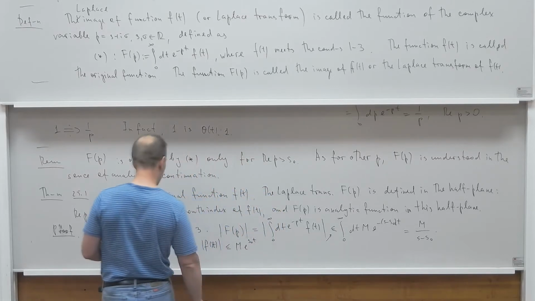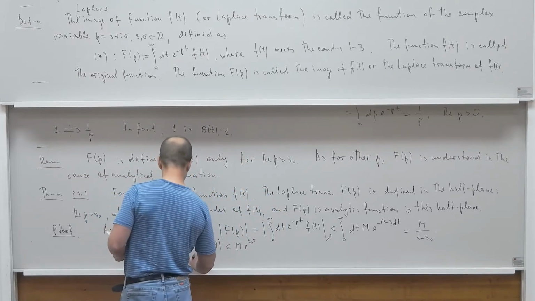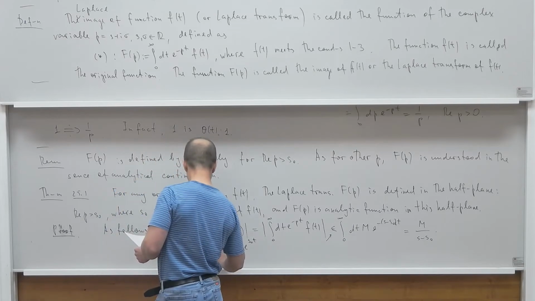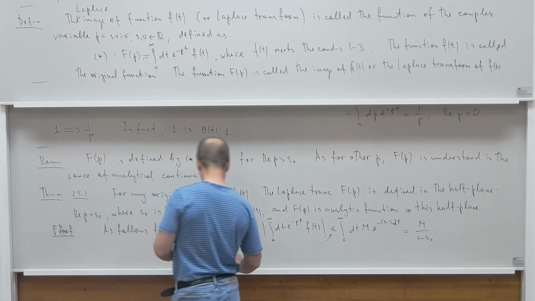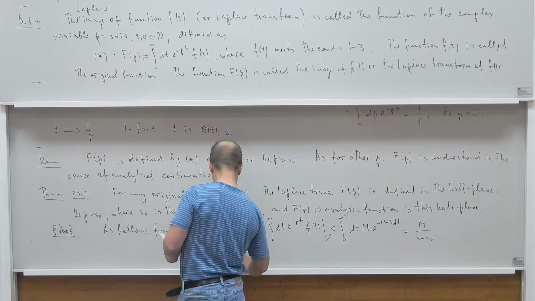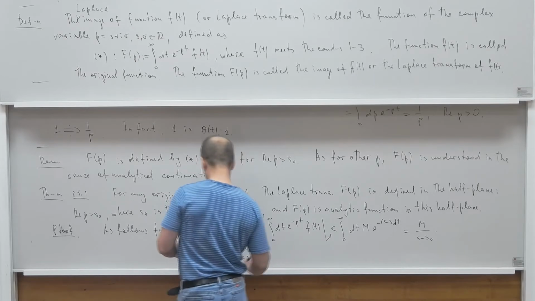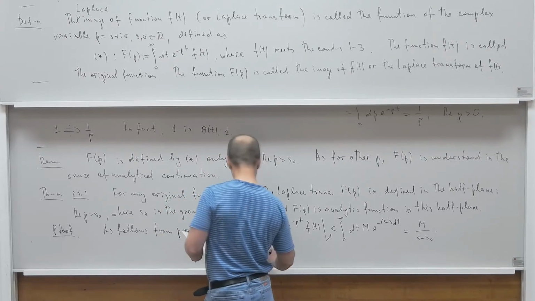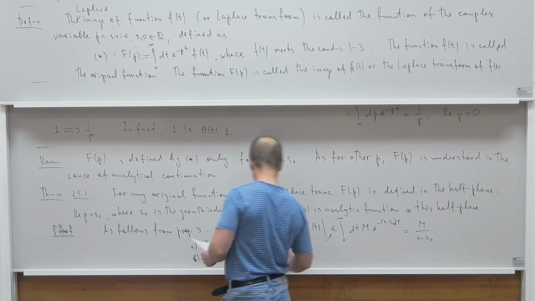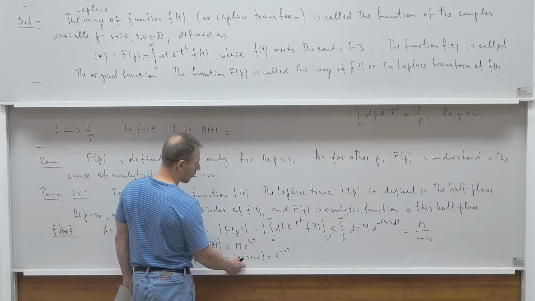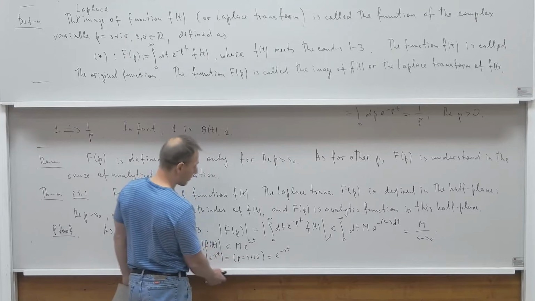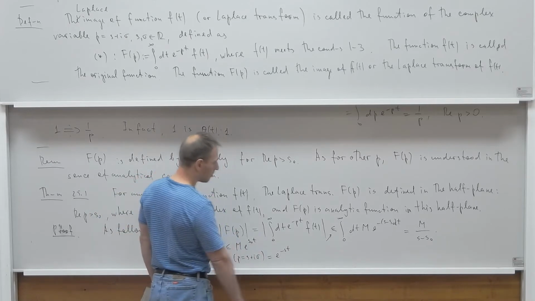And the second one is the fact that the modulus of the exponential function is equal to such an exponent, where we substitute the algebraic form of the complex number p and use the properties of the modulus.